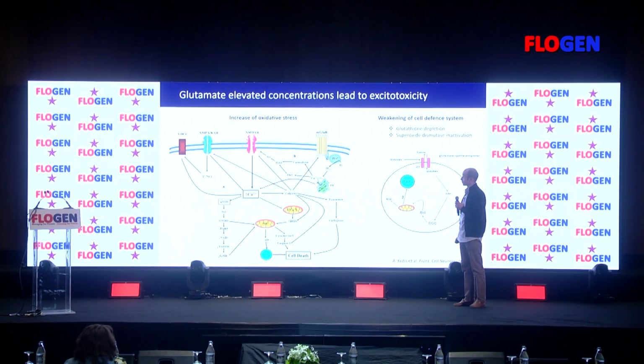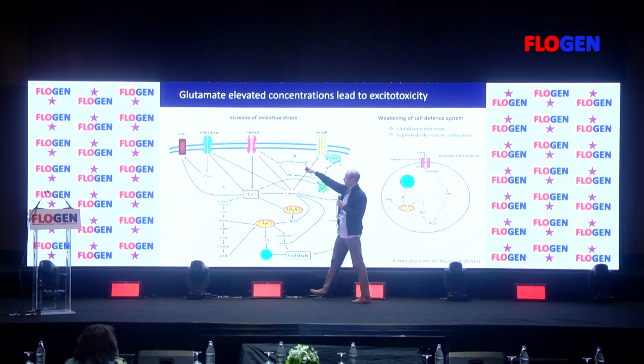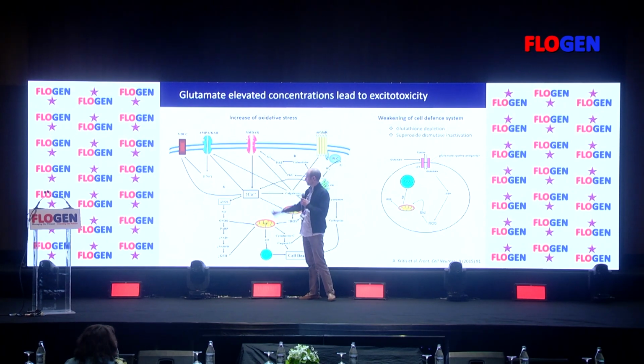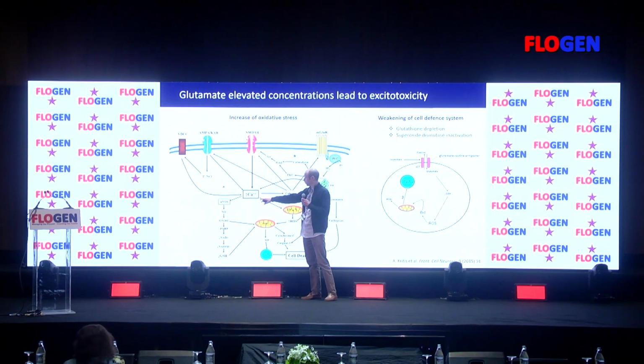These toxic effects are obtained through two ways. First, it increases the oxidative stress inside the cell, because the glutamate acts on the NMDA receptor, which is mostly permeable to calcium ions.